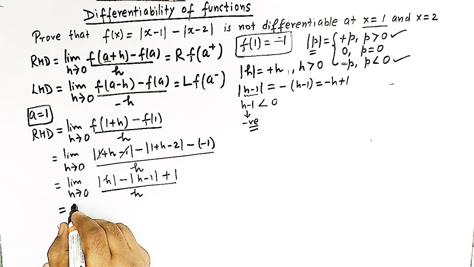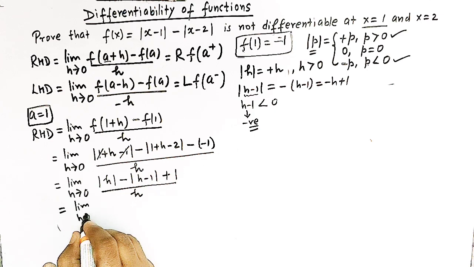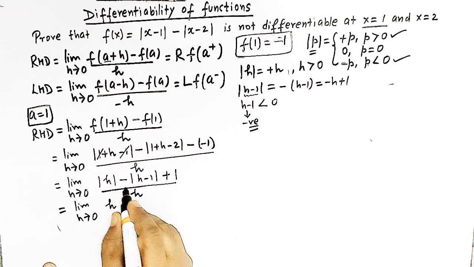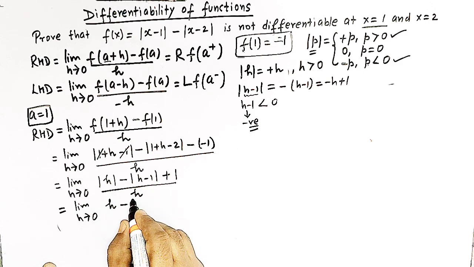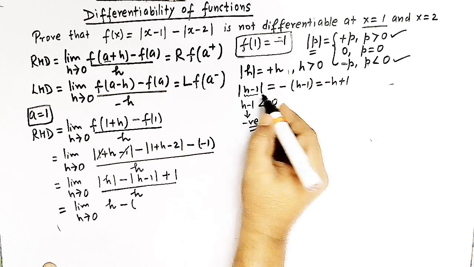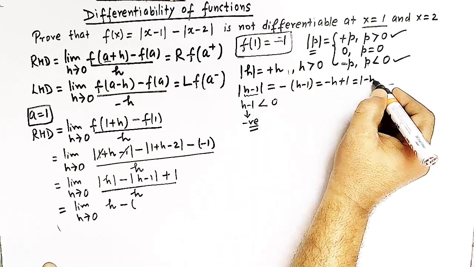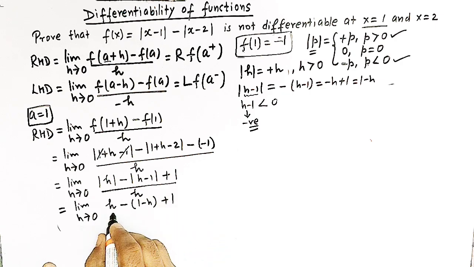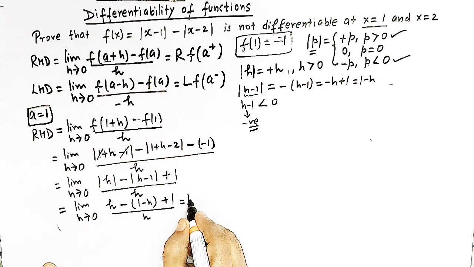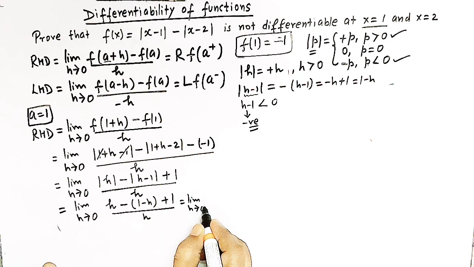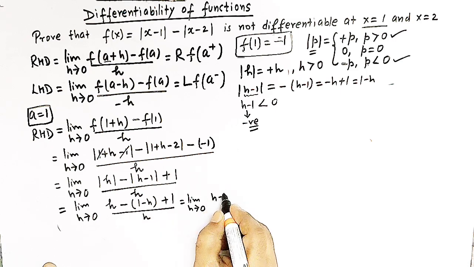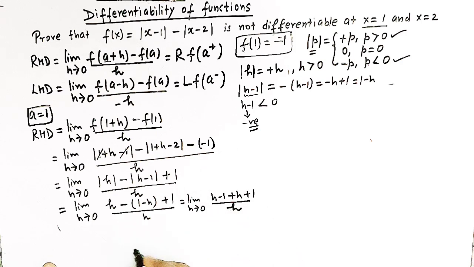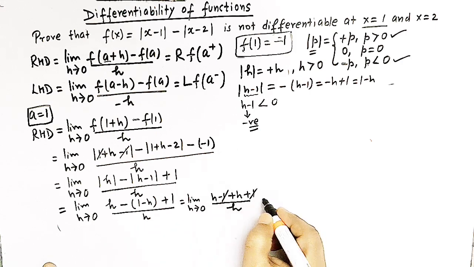So here we have now limit h tends to 0. Mod of h is simply positive h, and here we have negative of mod of h minus 1, which is equal to 1 minus h, right? So here we have 1 minus h plus 1 over h. So this is limit h tends to 0, and here we have h minus 1 plus h plus 1 over h. Now minus 1 and 1 get cancelled.